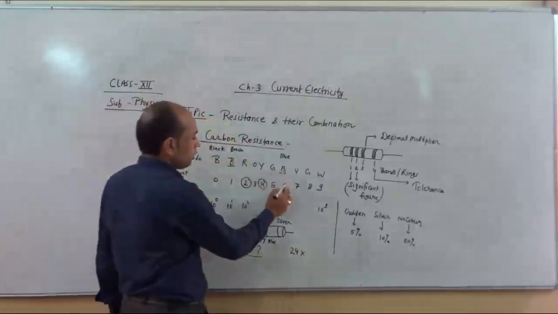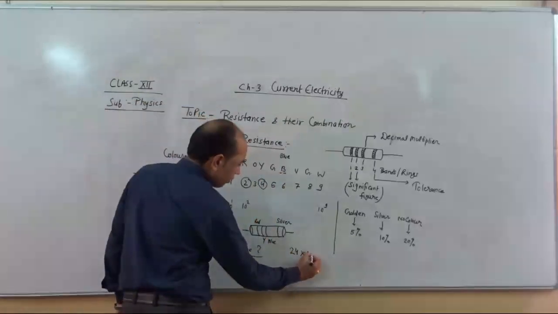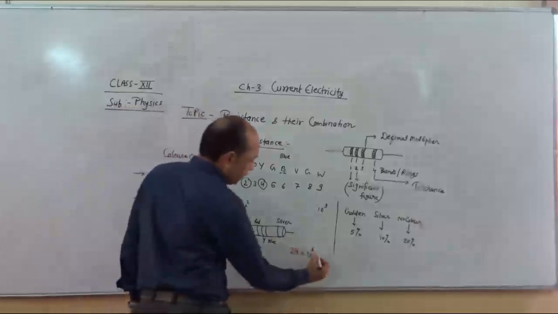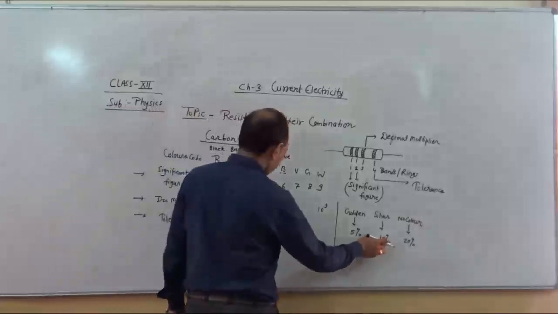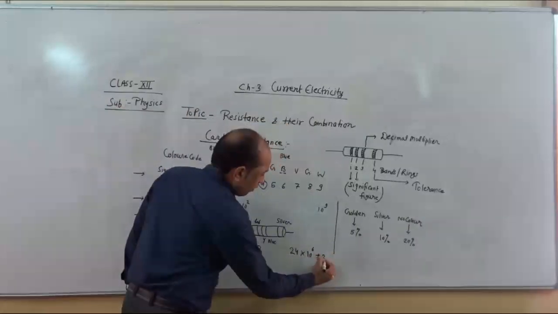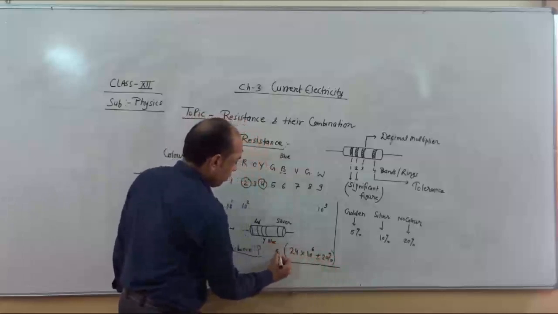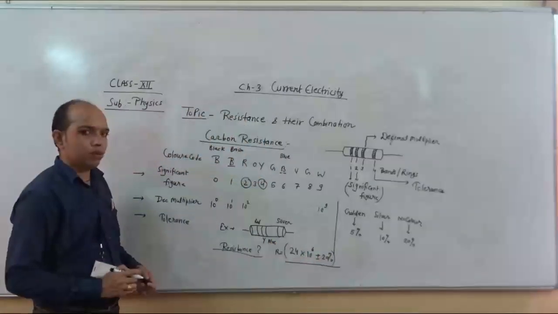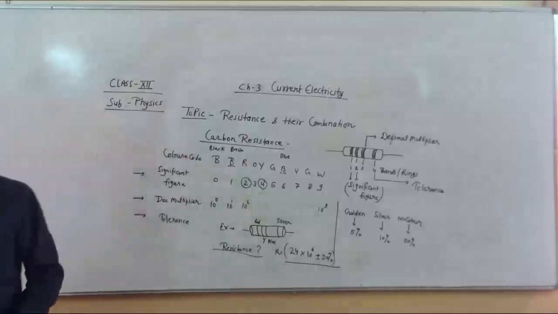For blue it is 6, that means 10 raised to power 6. The last one is tolerance, which means plus and minus, along with silver, that is 10%. So this is the value of resistance for the given figure. This is the way to calculate the resistance. Thank you.